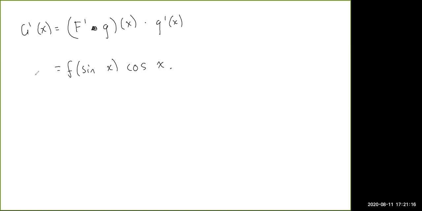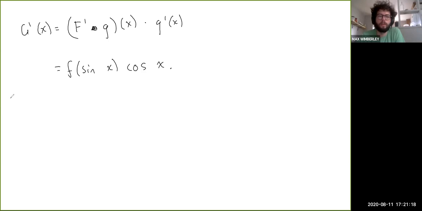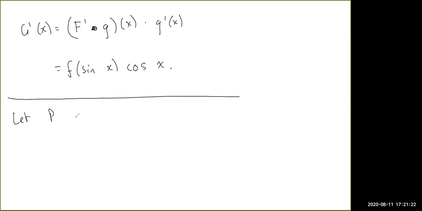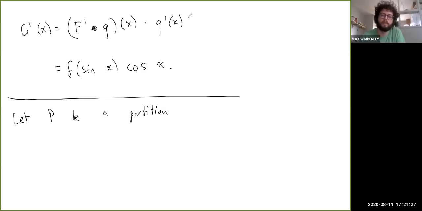Well, in that case, you can just say, okay, let P be a partition, right? If you just go to the definition of piecewise continuous or piecewise monotonic, then just negate that statement, right?